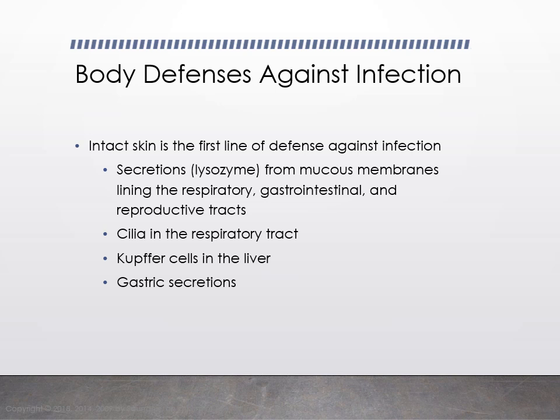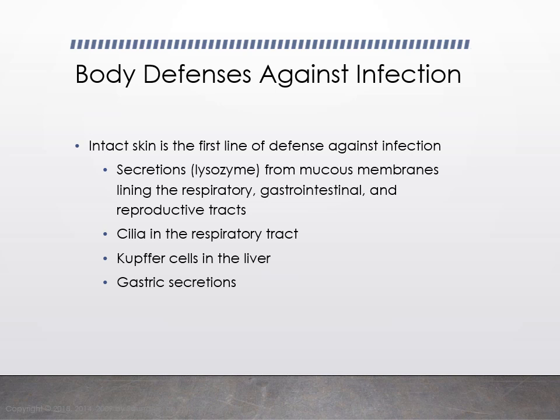The Kupffer cells in the liver. So these destroy bacteria that have found their way into the portal circulation. And lastly, gastric secretions. These are useful. An example is hydrochloric acid because they destroy ingested pathogens. Remember, a pathogen is a disease-causing microorganism.